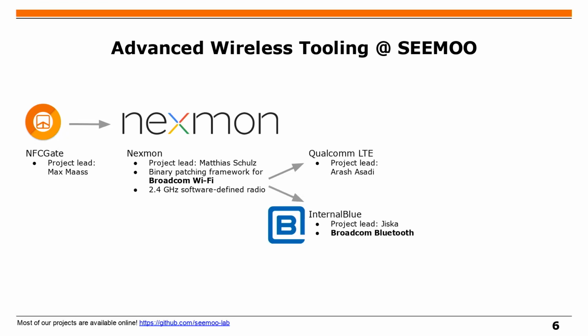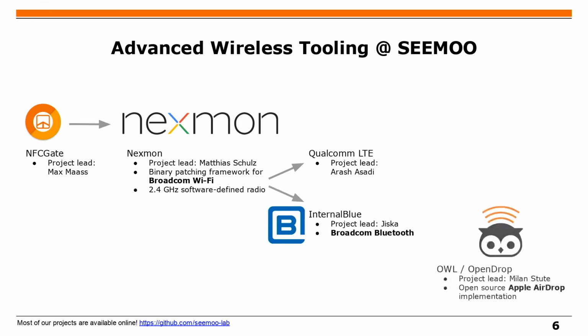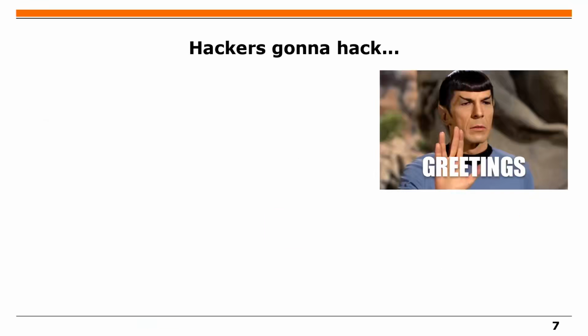And then we have someone else, Milan, and he's doing stuff that comes more from the application layer. So he implemented an open source solution for Apple AirDrop that you can run on your Raspberry Pi. And well, hackers gonna hack, so this stuff has been used a lot for exploitation, not by us, but by others.